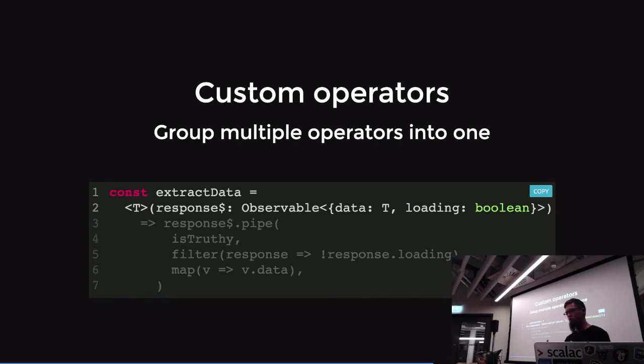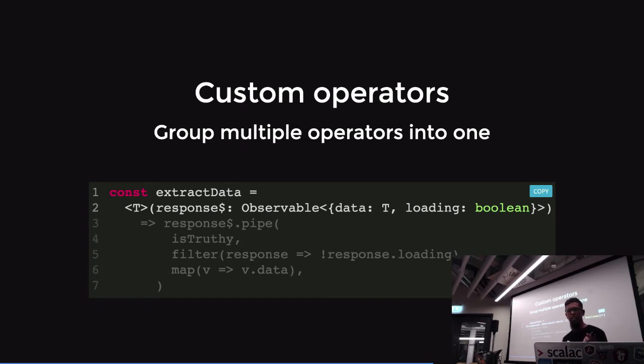But it's not raw data. It's kind of a wrapper around the data, which tells us if it's loading, if it's loaded. It can return nulls and so on and so forth. And we are actually most often interested in the data itself. So when it is available, we want to get it, put it into our application.